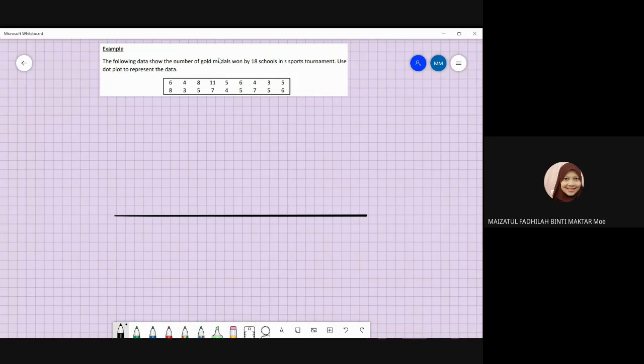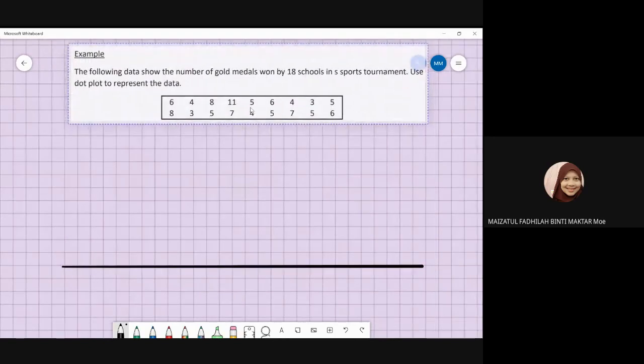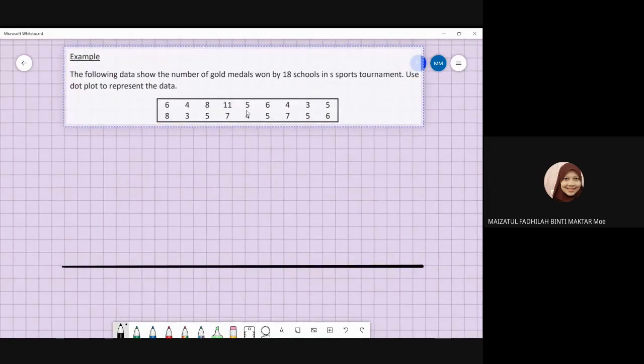First, define what is the lowest number of gold medals and the highest.